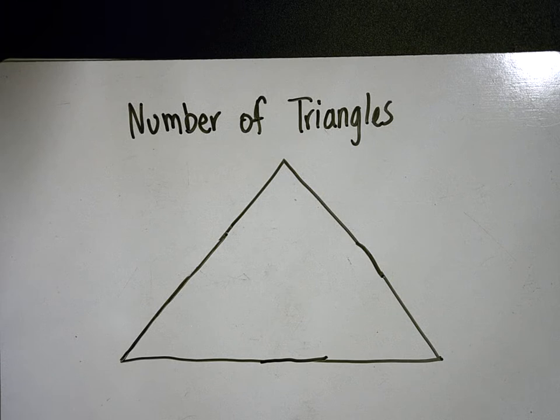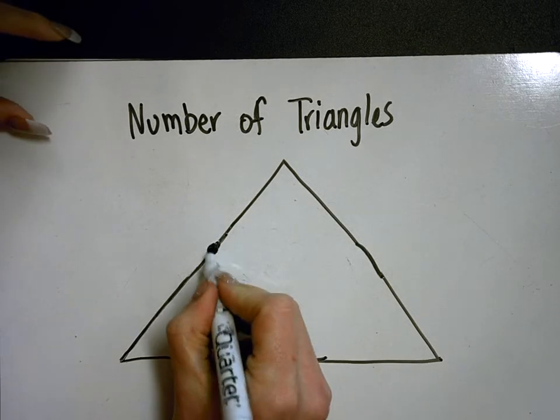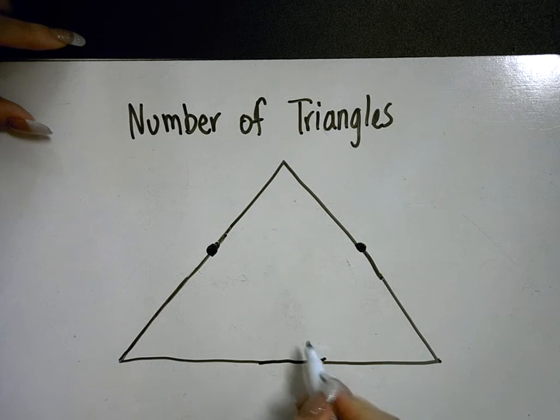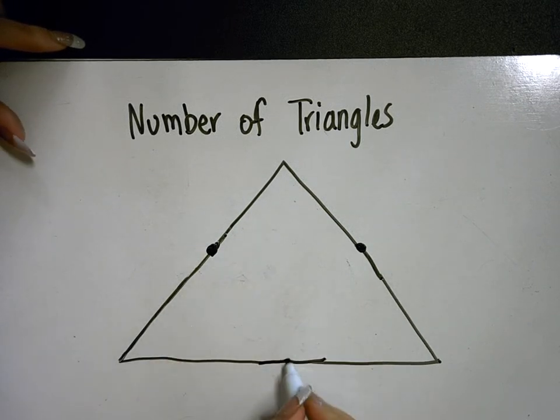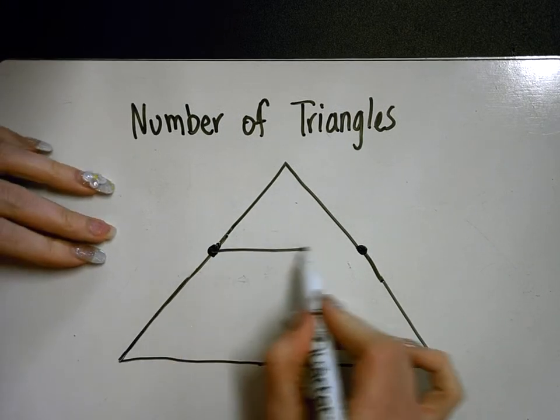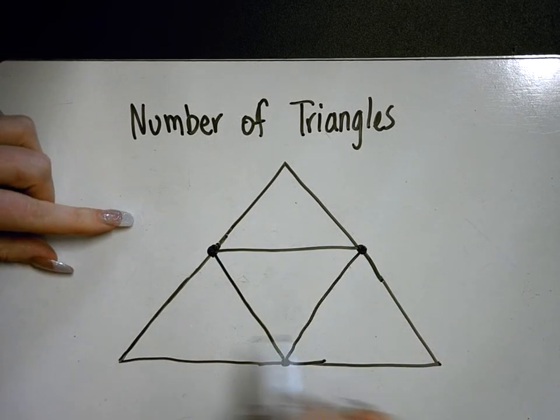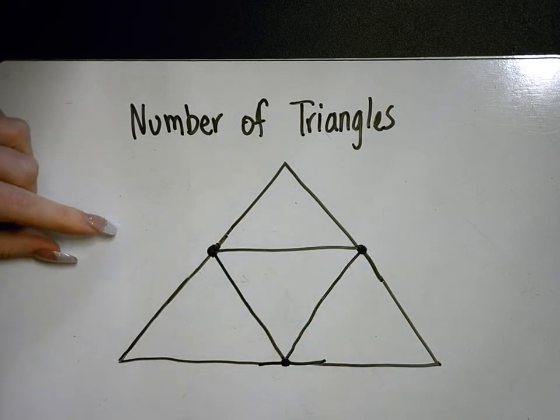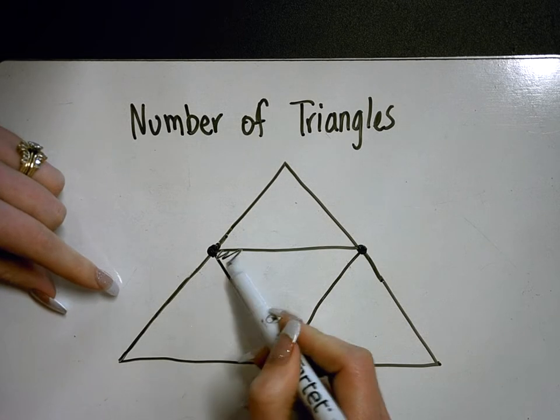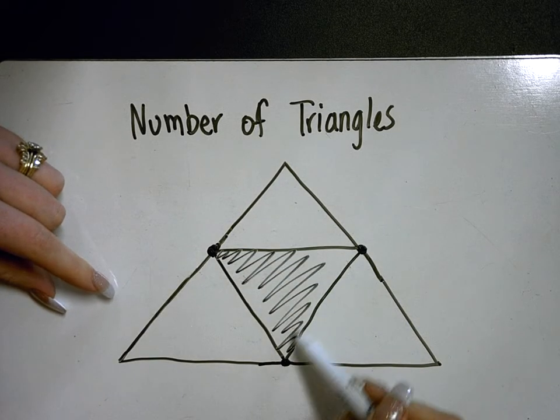So for step one, the Sierpinski gasket says we mark the midpoint of each line segment, and then we connect the line segments, and we end up with 4 triangles. But what we do is we take out the middle one.